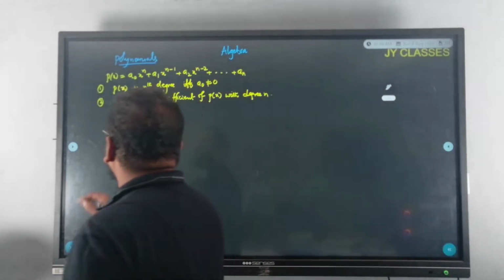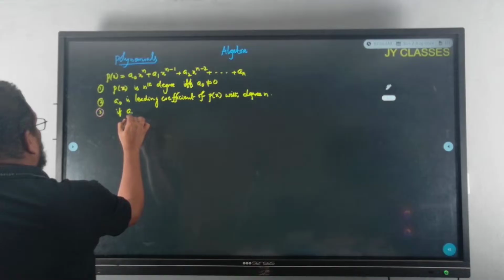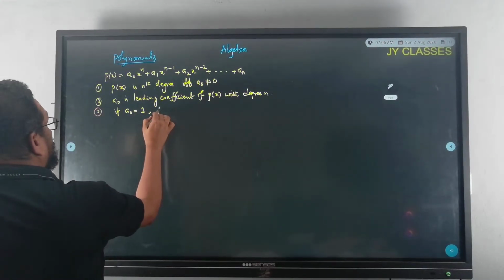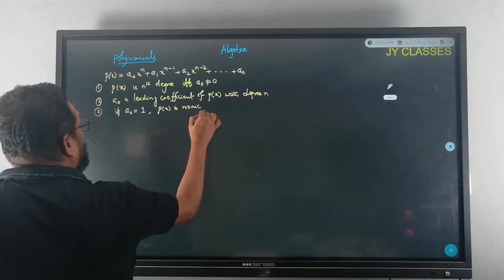If a naught equals 1, P of x is a monic polynomial.